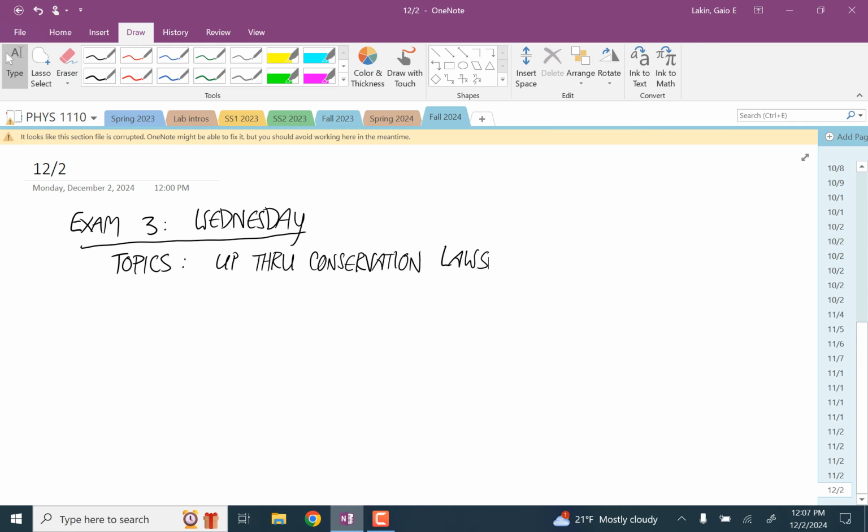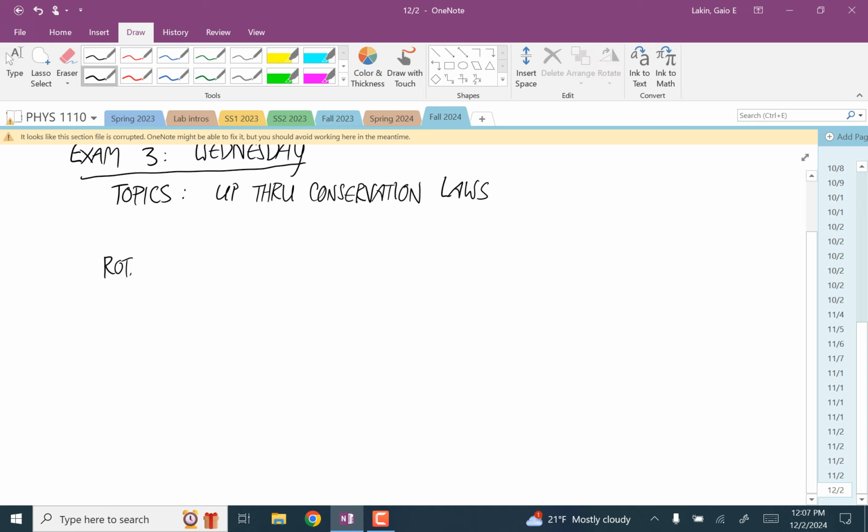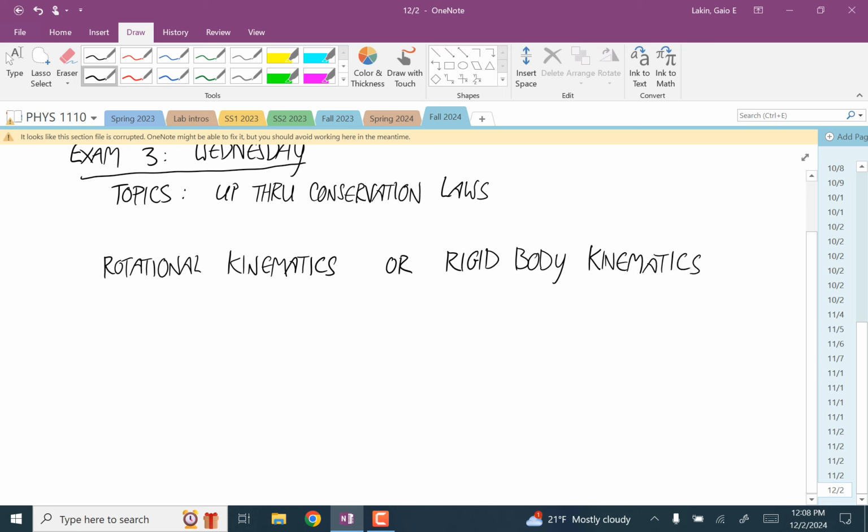Well, the next thing we're going to get into is rotational kinematics, or a lot of times you hear this described as rigid body kinematics. So first, let's think about what a rigid body is.